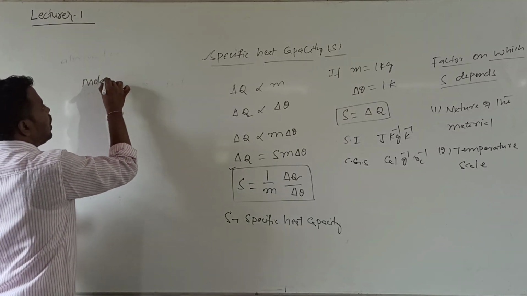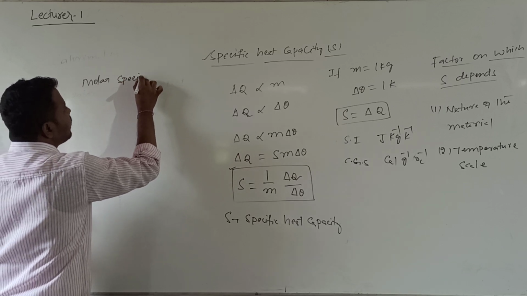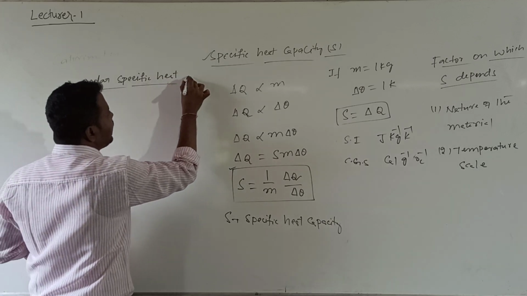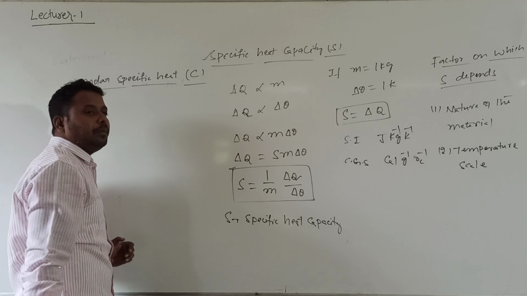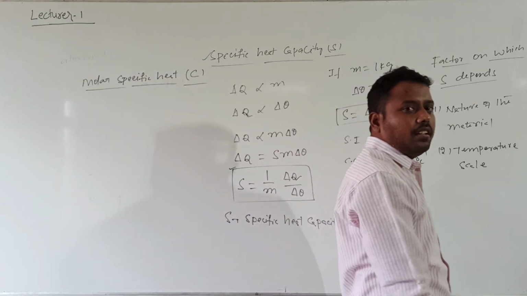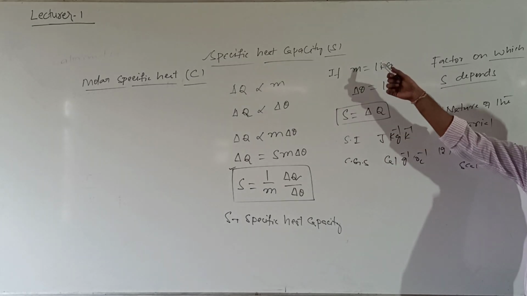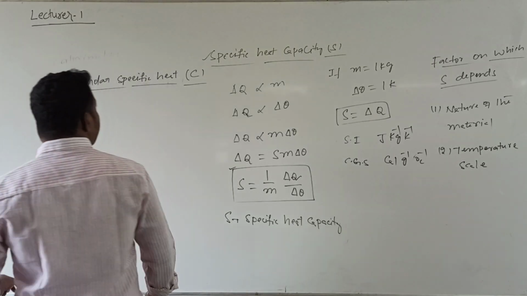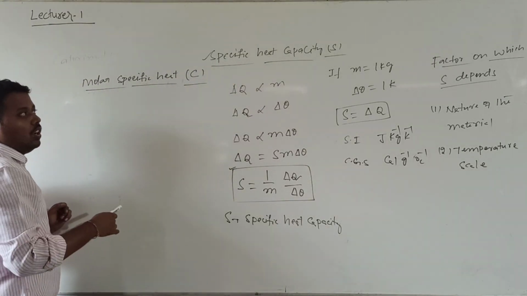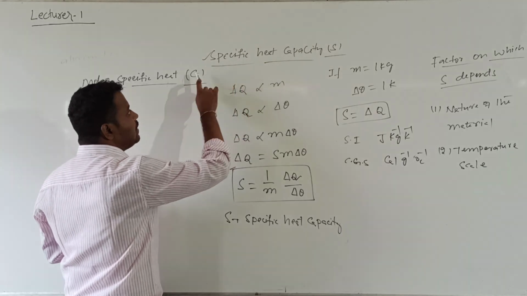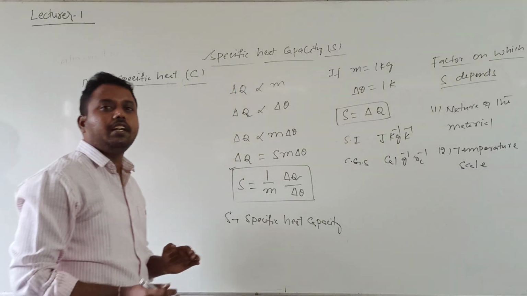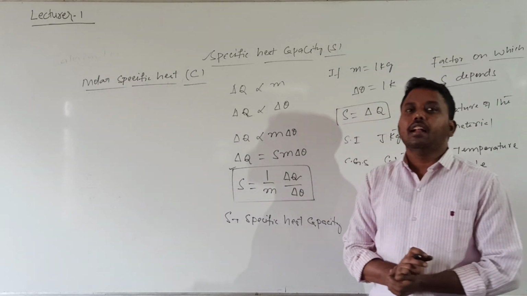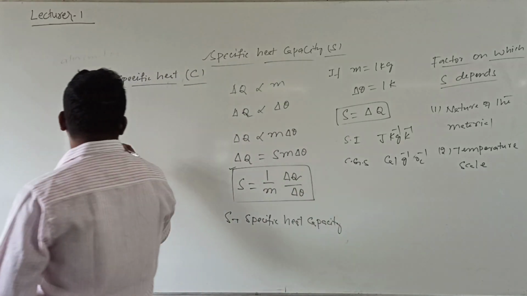Molar specific heat is represented by capital C. In some books they also give specific heat the symbol small c; to avoid confusion, here I have written capital C. So molar specific heat means that the substance amount is considered in moles.